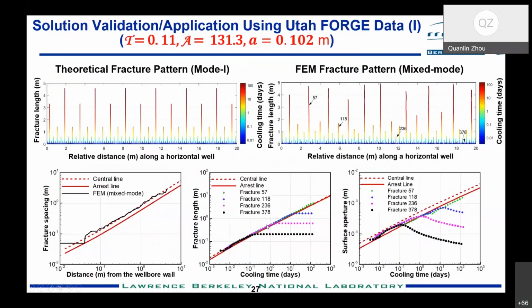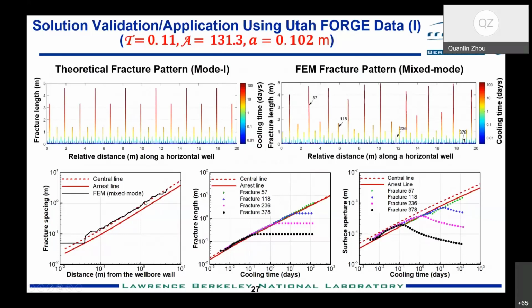So that means our solution can be used for large diameter tunnels. For application and validation, we also use Utah Forge data. You see that is a fracture pattern with mode 1 and also mixed mode. You can see the curvature is not significant. And then we pick up 4 fractures to compare.